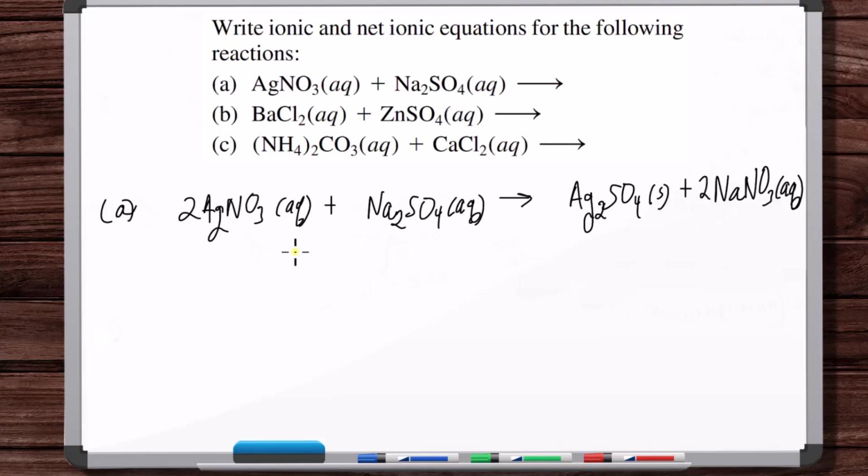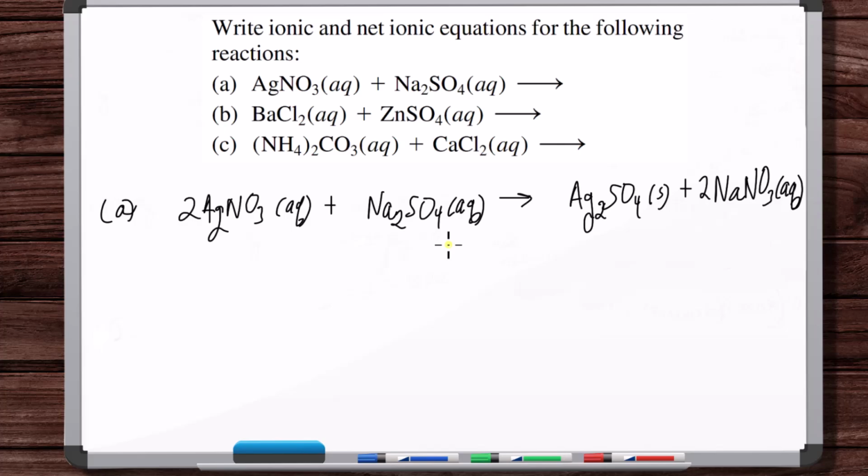Now, to write the ionic equation, we just break up any aqueous compounds into ions. In general, you only break up into ions aqueous compounds that are strong electrolytes. You could have an aqueous compound that's a weak electrolyte, but in that case, in the ionic equation, you wouldn't break it up into ions.